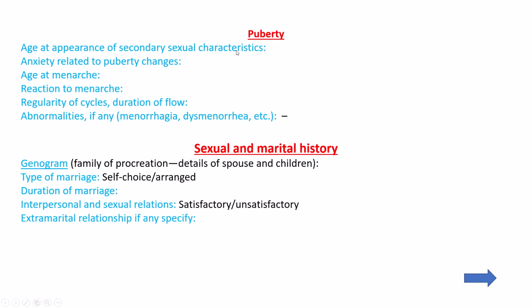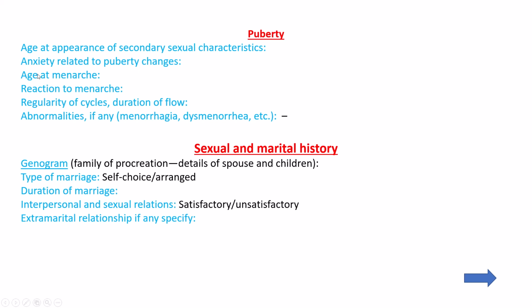The secondary sexual characteristics means the appearance of mustaches and pubic hairs, and there are changes in the chest and structure for females, and sound changes for boys especially. So these are the secondary sexual characteristics. So anxiety related to that, how and when it started, that we have to write. Anxiety related to puberty changes. If there is any anxiety related to puberty, that mostly happens to females, that we have to write.